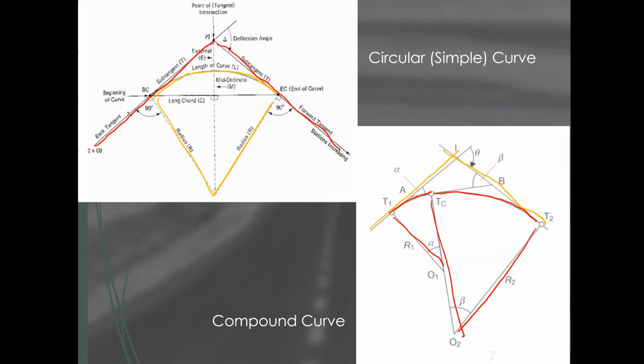This could simply be in cases where we don't have enough ground, there's not enough room to build a curve with one radius. So we have to use a curve with different radii. So we call it a compound curve.